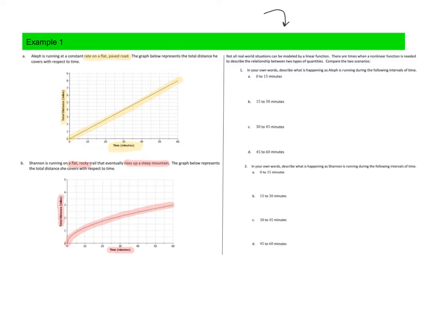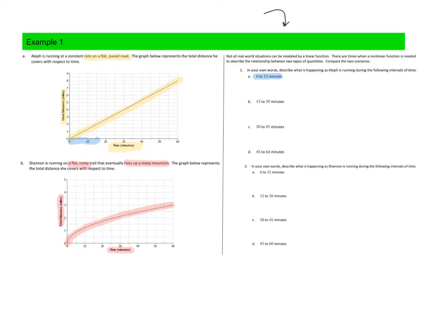Let's look at these a little bit more in depth by answering these questions over here. For number 1, in your own words, describe what's happening as Aleph is running during the following intervals of time. From 0 to 15 minutes, from here to here, what's happening right there?